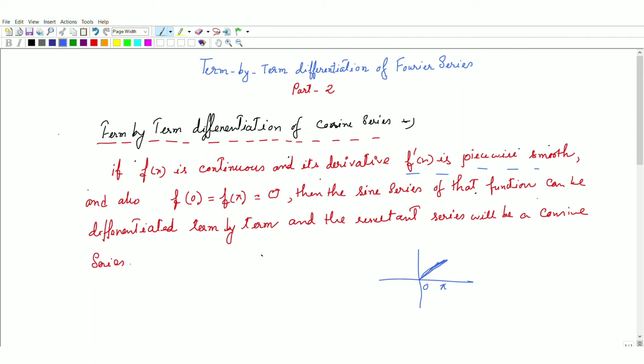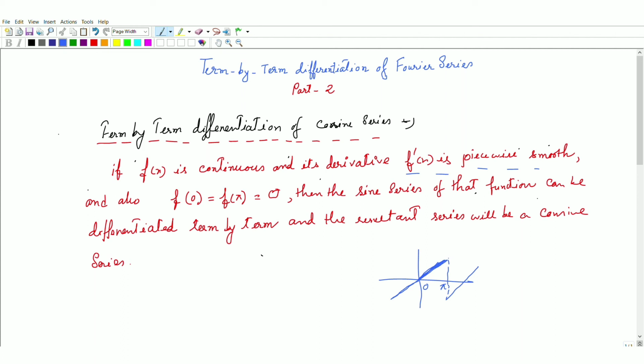If you do the odd extension, which you must do to have a sine series, then after periodic extension a jump discontinuity will come. In this condition we cannot do term by term differentiation, as we discussed in the previous video.